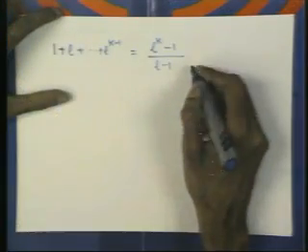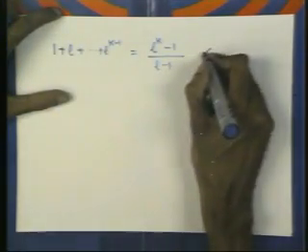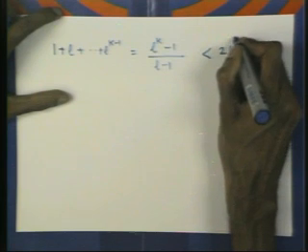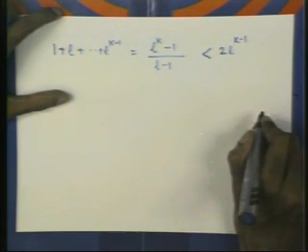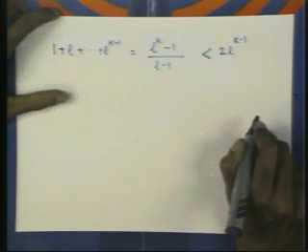Okay. I think I had mentioned that you need to choose L so that this is less than twice L to the k minus 1. Okay, so that can also be done.